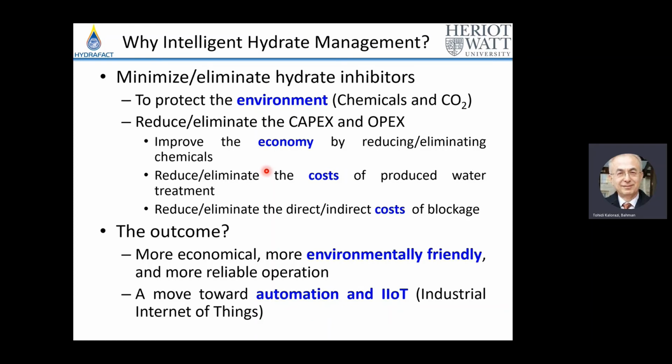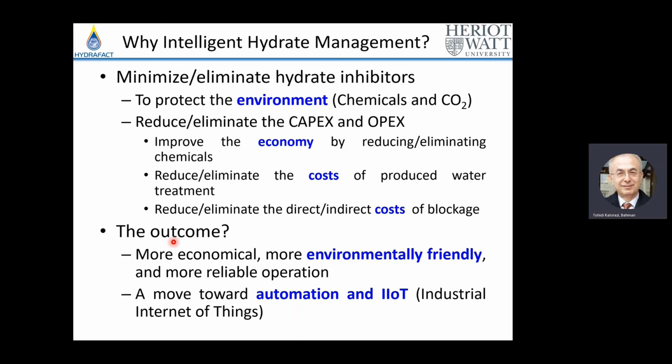Each time you block, the pipeline can be down for a long time. You need to find a way to remove the blockage, and there is the cost and the danger, and also the deferred production.